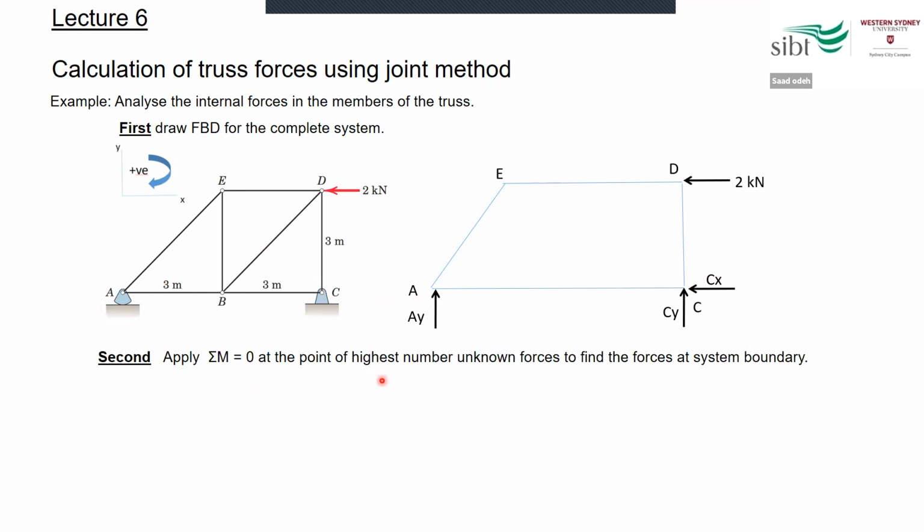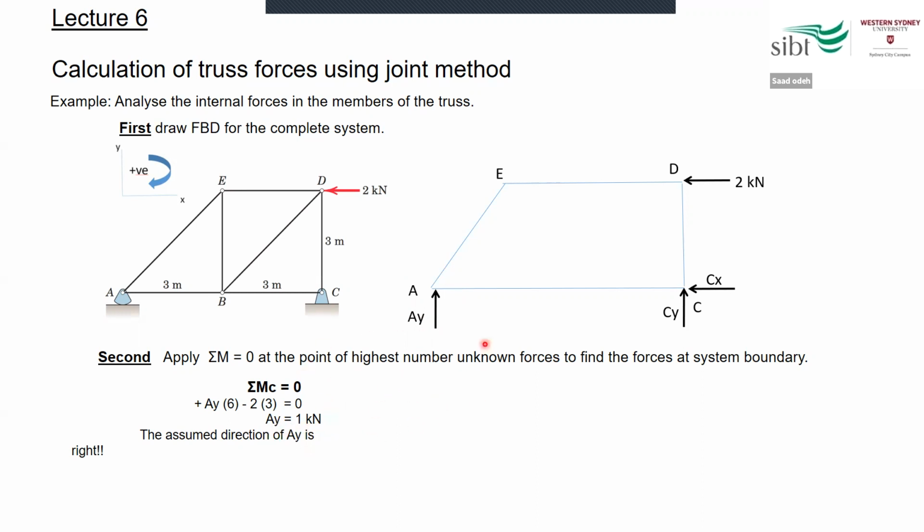And then we apply the rule that the summation of moment around any point must equal 0. And we find the unknown forces. For example, here we applied moment around C to find the unknown force Ay, which is here. We found Ay is equal to 1 kilonewton.